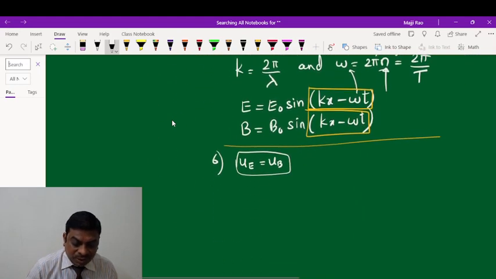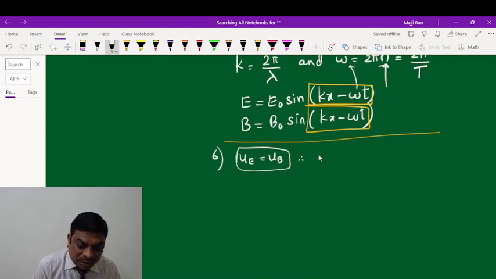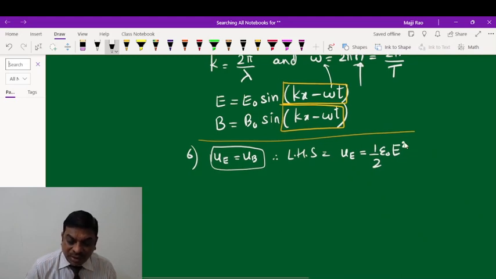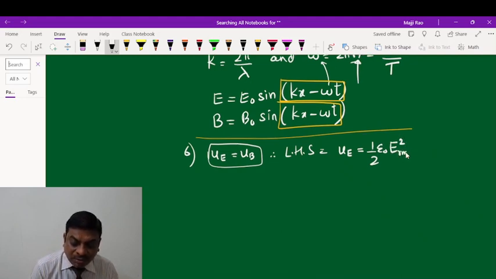So let us prove this. Okay, students. Let us start from the left hand side. The energy density corresponding to the electric field. We know, assuming the wave to be traveling in vacuum, we can write half epsilon 0 E square, where E is the RMS value.